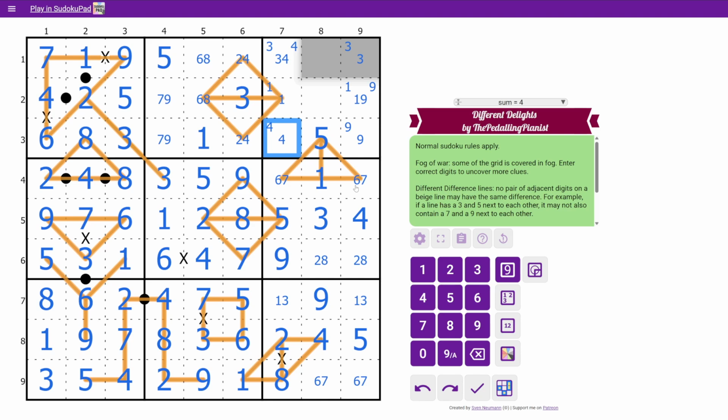Could be 4, 5, 6, 7. This can be 4 or 7 only.